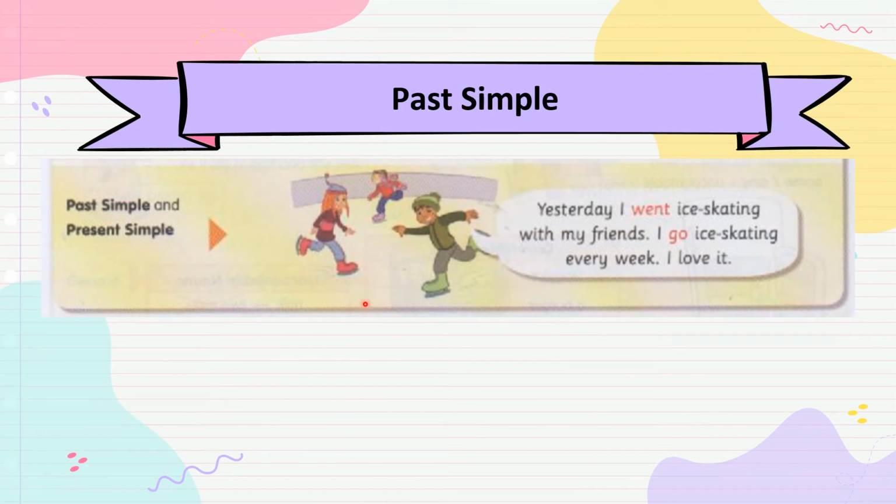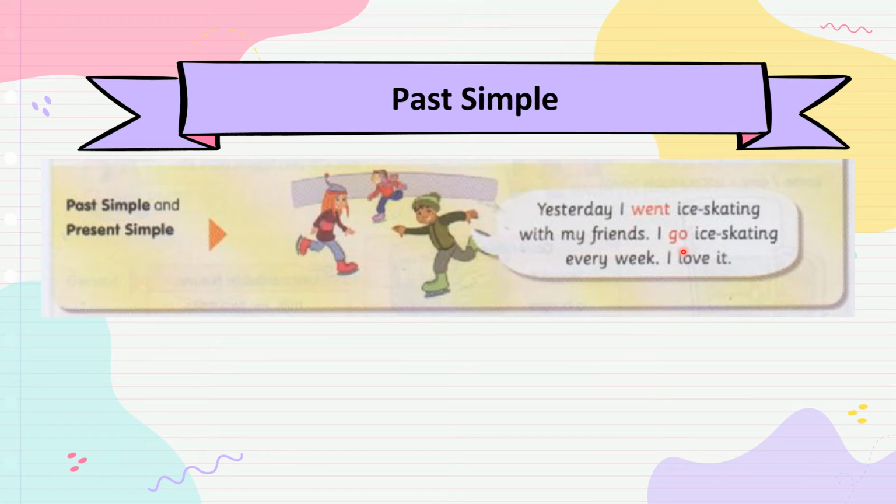Okay, this is the example of the sentences. Past simple and present simple. Yesterday, I went ice skating with my friends. Yesterday, semalam, saya telah pergi meluncur ais bersama kawan-kawan saya. Okay, that is past simple. I go ice skating every week.